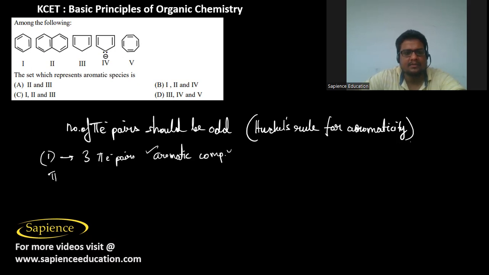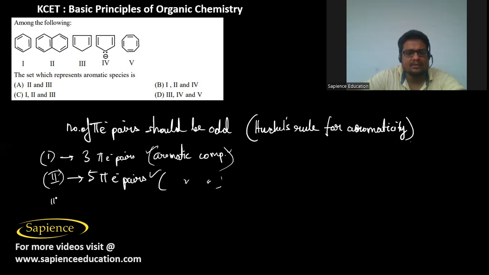And in the second one, which is called naphthalene, the first one is benzene, the second one is naphthalene. It also has 1, 2, 3, 4, 5 pi electron pairs. So here also there is an odd number of pi electron pairs. So this one is also an aromatic compound.